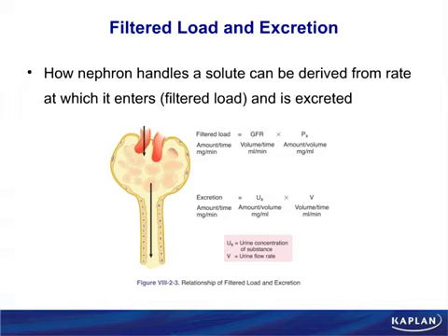Filtered load is equal to GFR times plasma concentration of a substance. What this means is how much of substance X is filtered right here at the glomeruli. To figure that out, you need to know the GFR times the plasma concentration of that substance. That's the filtered load. Here's another great equation you have to know.